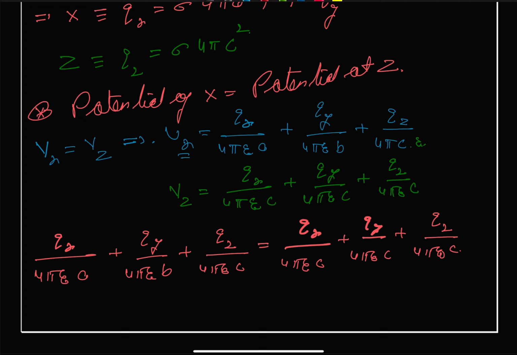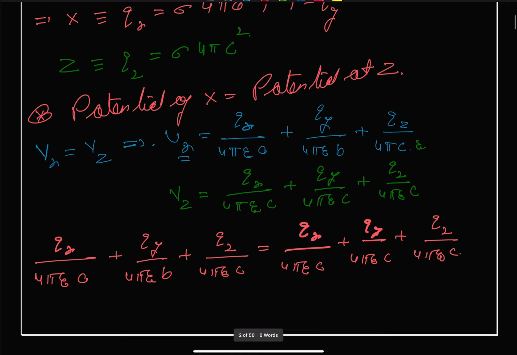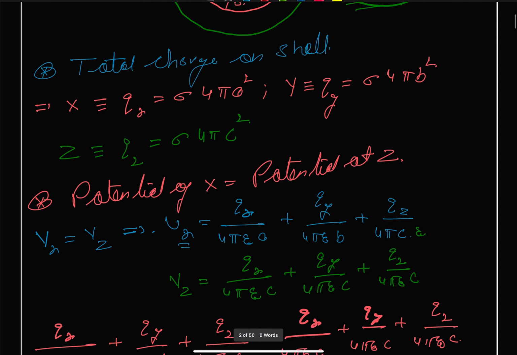Let us substitute the value of Q of X, which is sigma 4 pi a square.